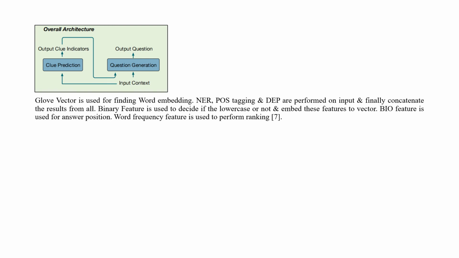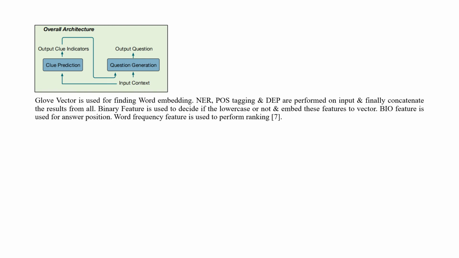For this task, GloVe vectors are also used for finding word embeddings. Named entity recognition, part of speech tagging, and dependency parsing are also performed on the input. And finally, we will concatenate all the results and get one embedding. A binary feature is also used here for checking whether all the letters are in lowercase or not, and that will be embedded into the vector.